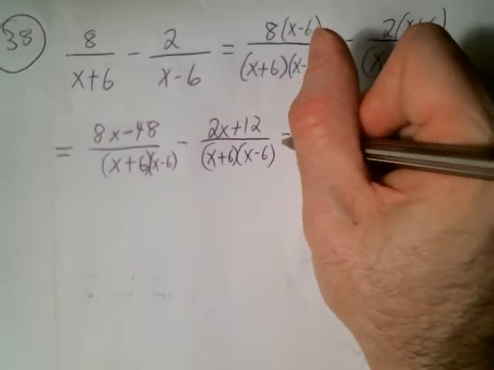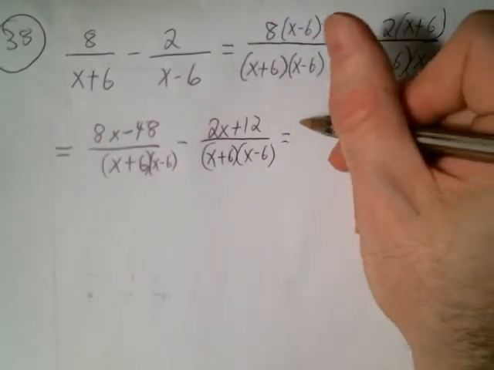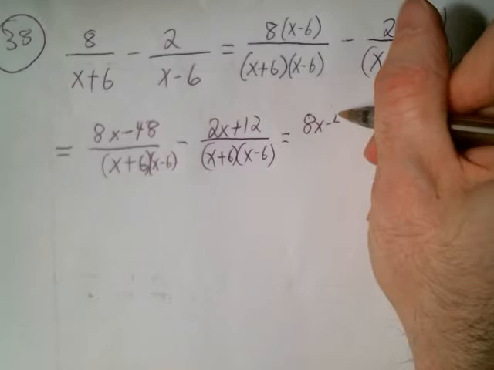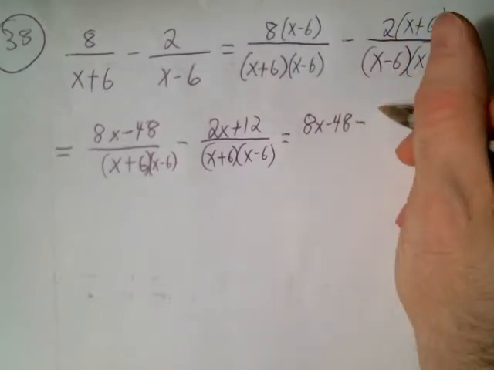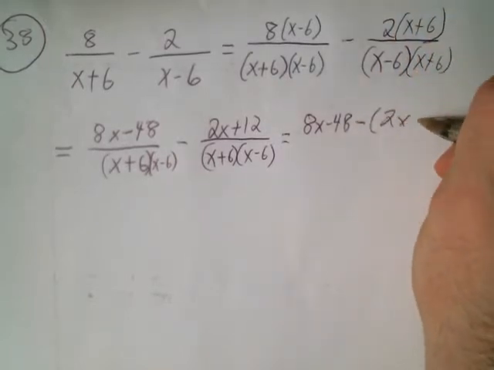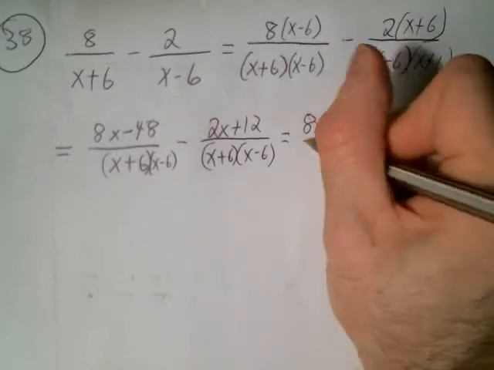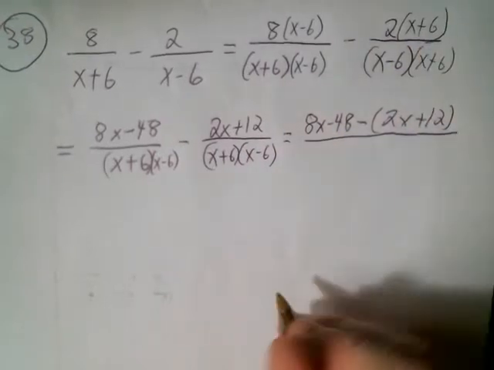Okay, now I'll subtract the numerators over the common denominator. I have 8x minus 48 minus, and you have to be careful, you're subtracting the entire numerator. So put those parentheses around the 2x plus 12.